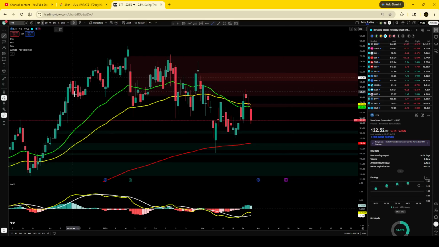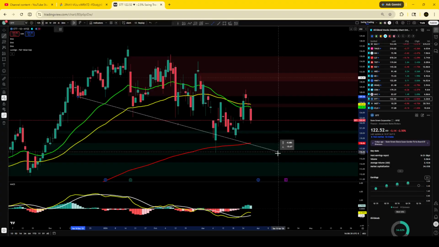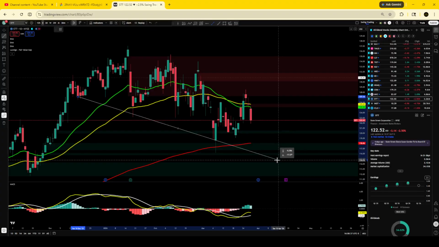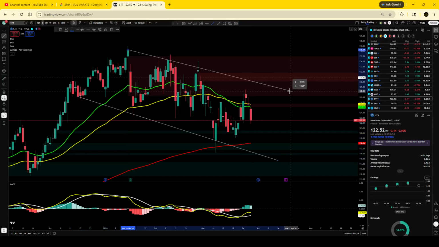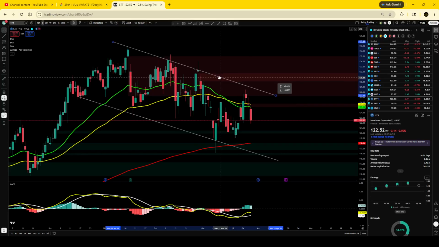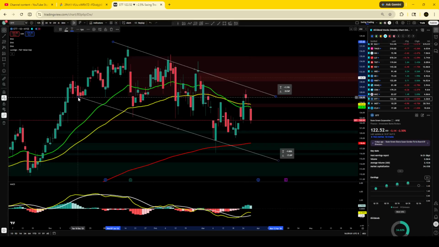Now we just continuously draw my trend lines so we can get a well-rounded picture. I don't like that. I think I like that one better. Yeah, that looks better. So we got 1, 2, 3, 4, 5, 6, but that's close.